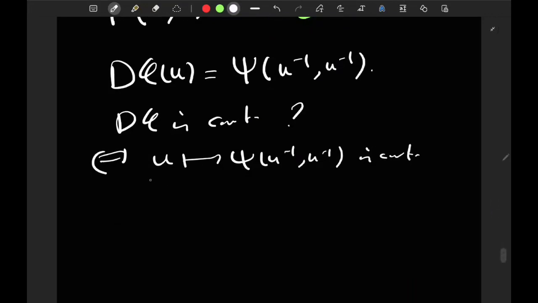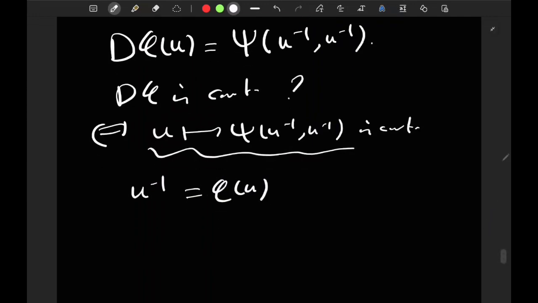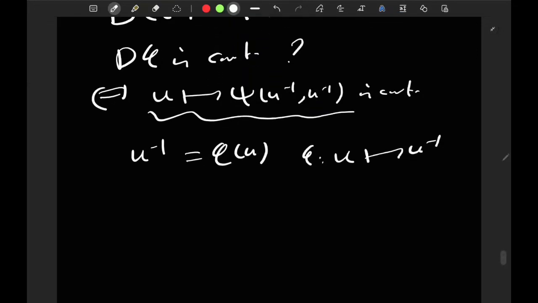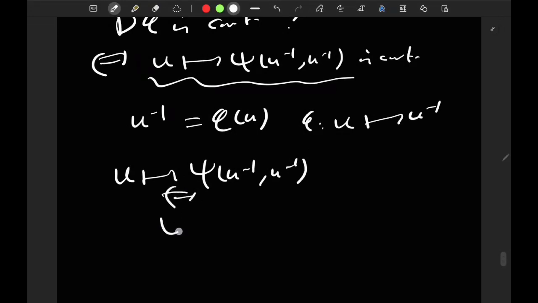So let's look at the map U maps to this thing. U inverse is again what? It's just φ of U, since φ is the map which takes you to U inverse. And that's why the map U maps to ψ of U inverse is just the map ψ composed with (φ, φ).